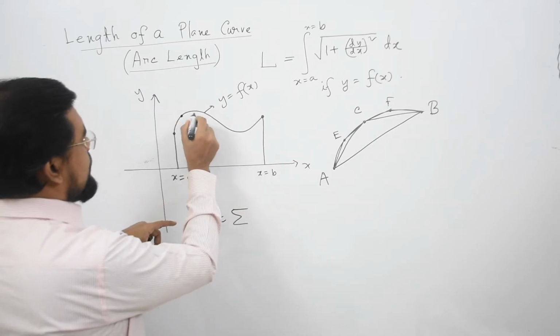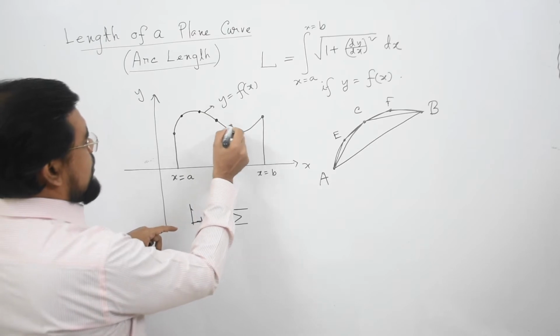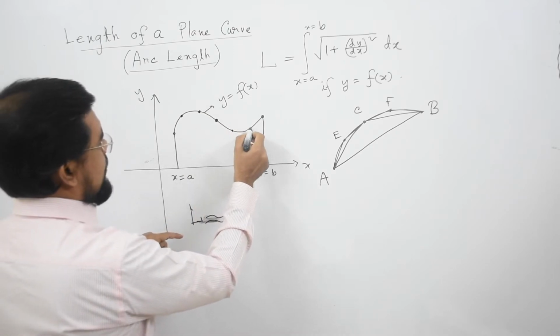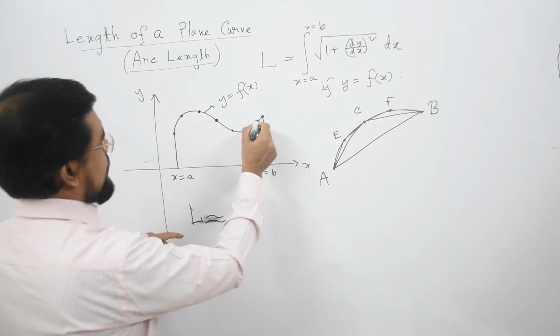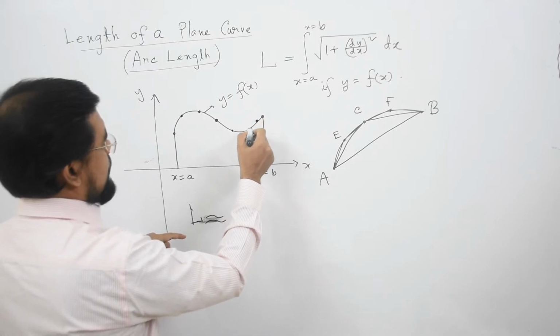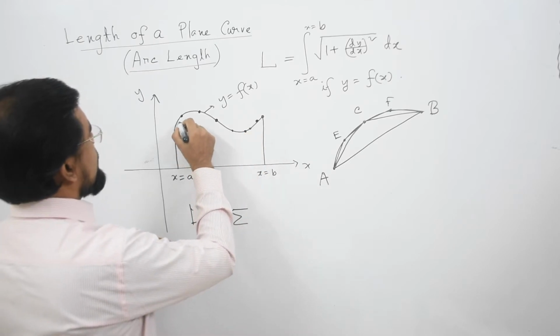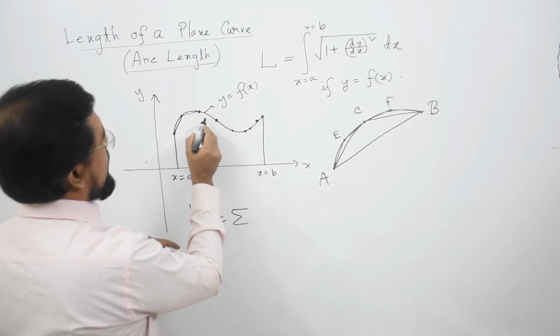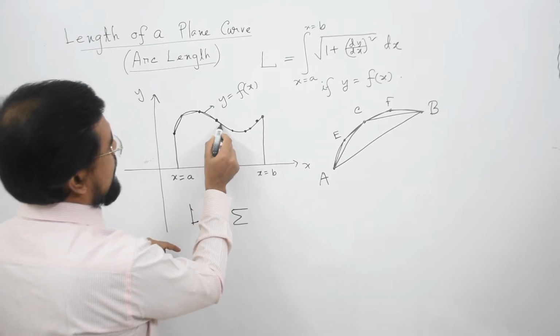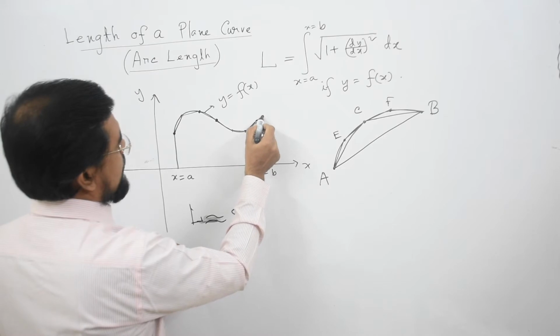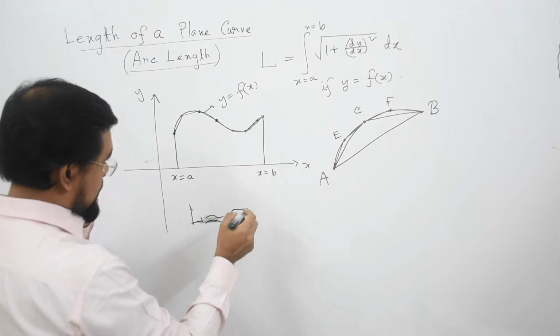If you break it at several points like this and then add those line segments, you will get the arc length.